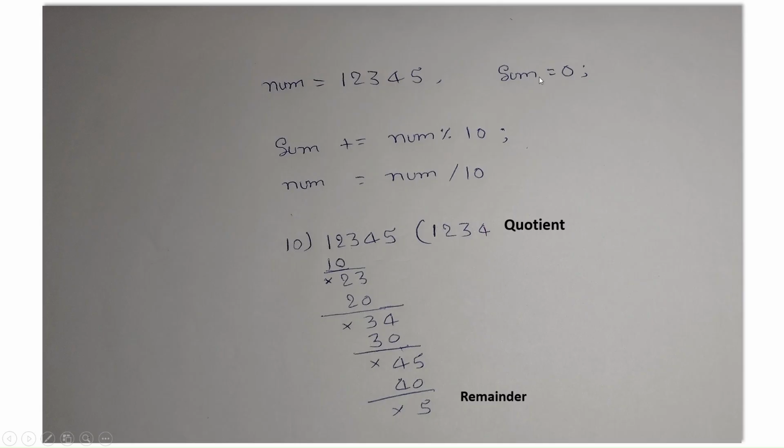The initial value of sum is 0. After this, you need a loop, like a while loop, to iterate and sum these digits. The main part of the logic is inside the while loop: sum plus equal to num percent 10.